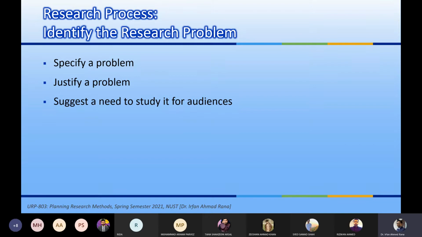So identification of problems remains a very important part of the study. Depending upon the problem statement, objectives will be defined based on the problem you have identified, and those objectives will then guide you to develop the instruments for data collection.